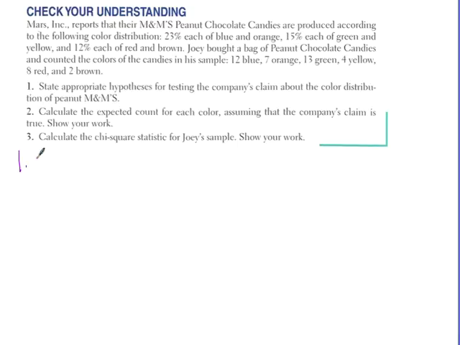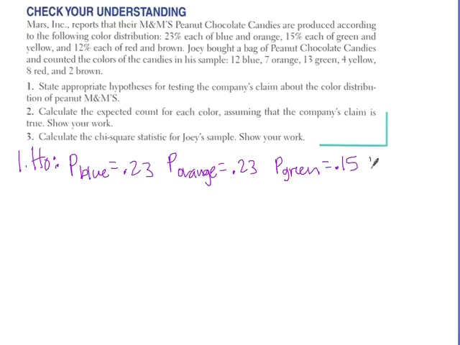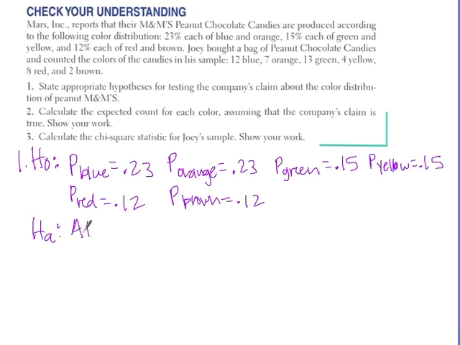For number 1, you would say the null hypothesis is: probability of blue equals 0.23, probability of orange equals 0.23, probability of green equals 0.15, probability of yellow equals 0.15, probability of red equals 0.12, and probability of brown equals 0.12.